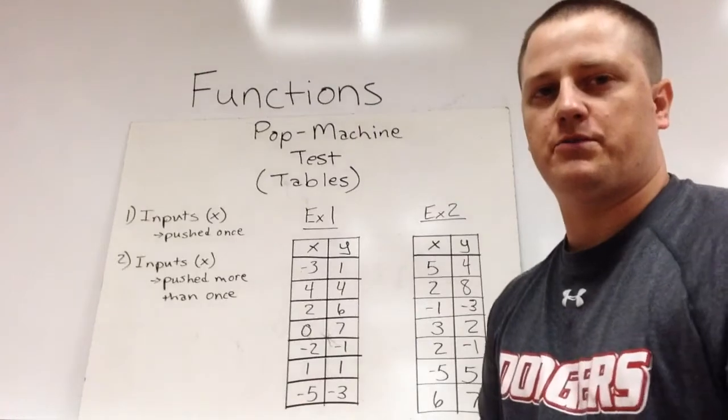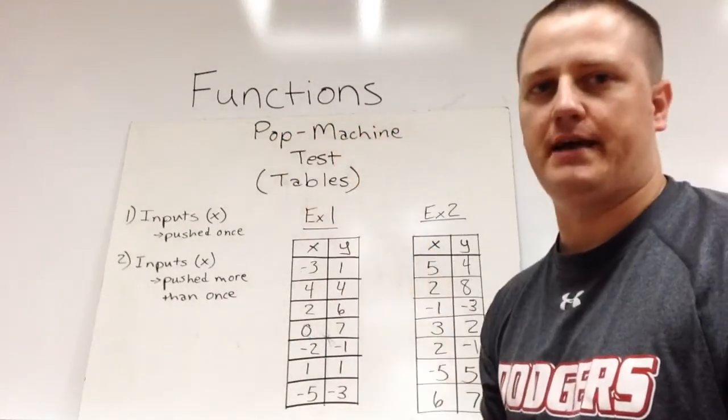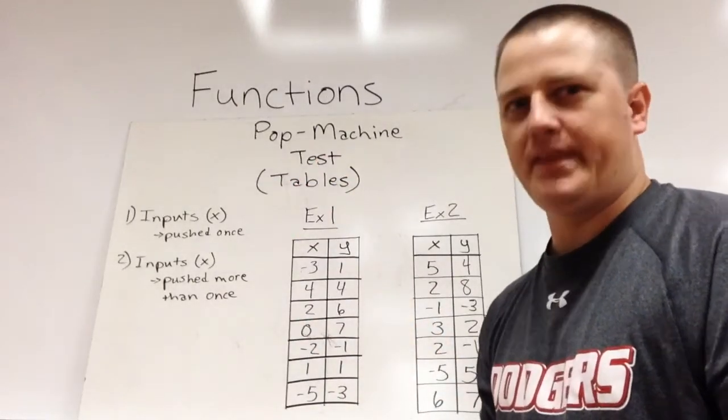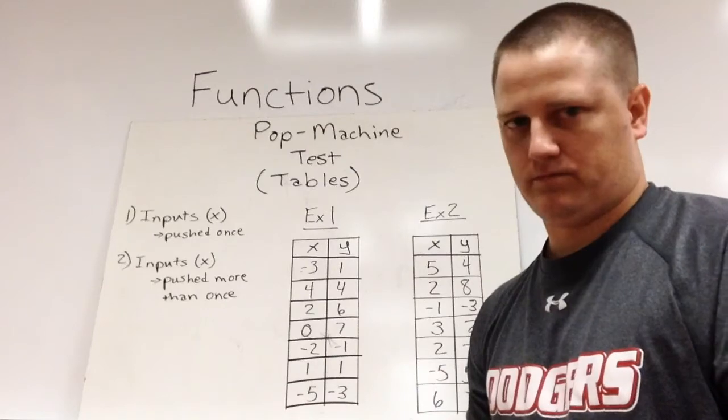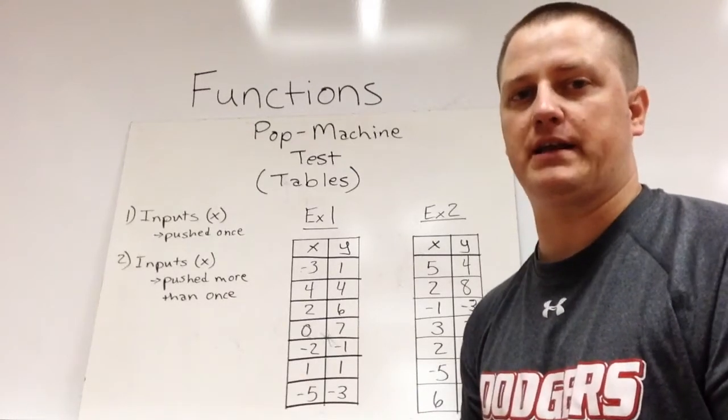So the first version we're going to look at is what I like to call the pop machine test. And this is used for tables of values. If you have ordered pairs, just put the ordered pairs in a table and this test works perfectly.